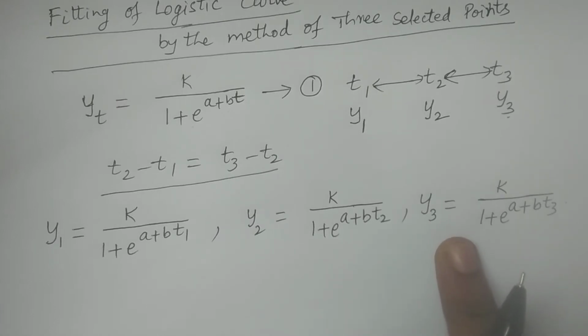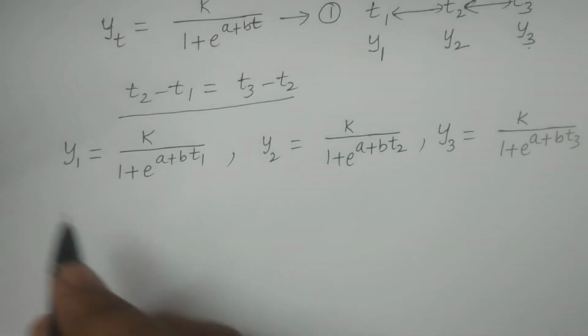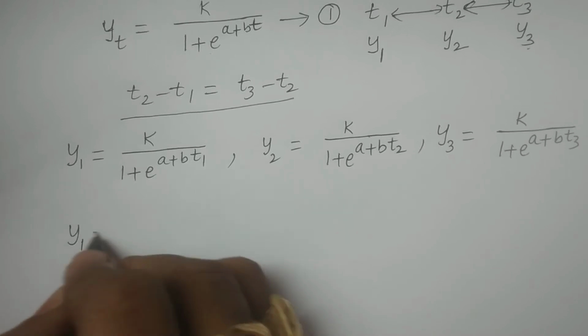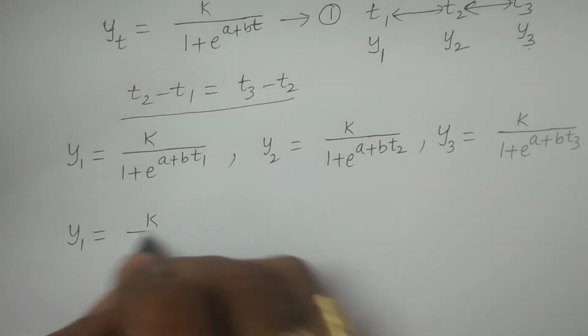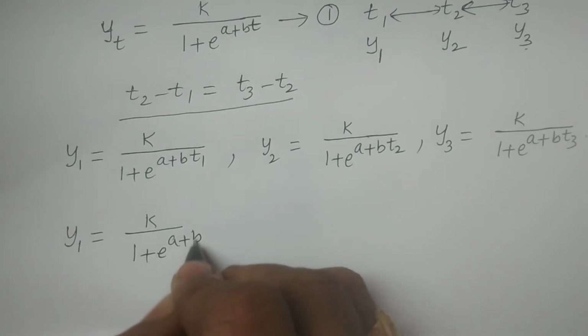You understand this? Now, I consider first of all y1. y1 is equal to k by 1 plus e power a plus b t1.